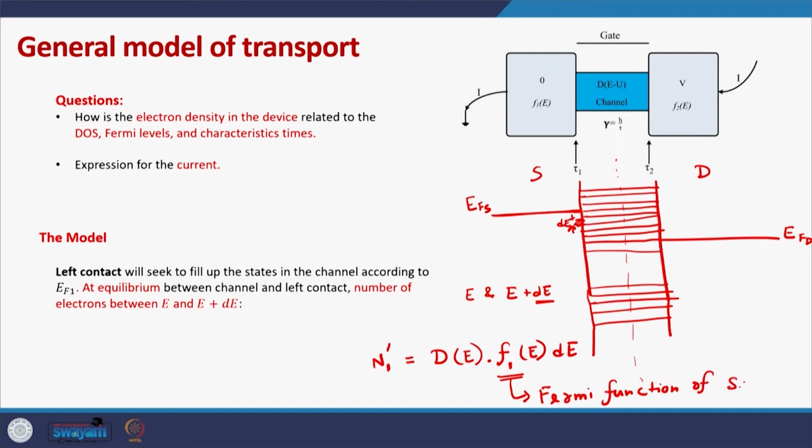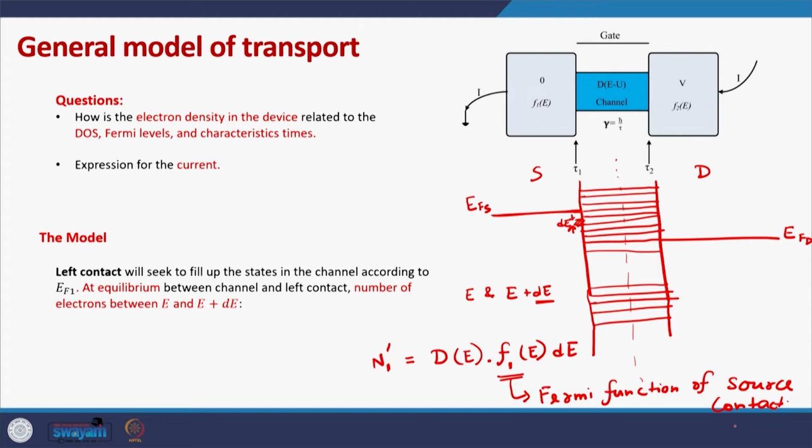So, it is as if the source contact is trying to fill all electronic states according to its Fermi function. That, in other terms, is the state of equilibrium between the source and the channel.